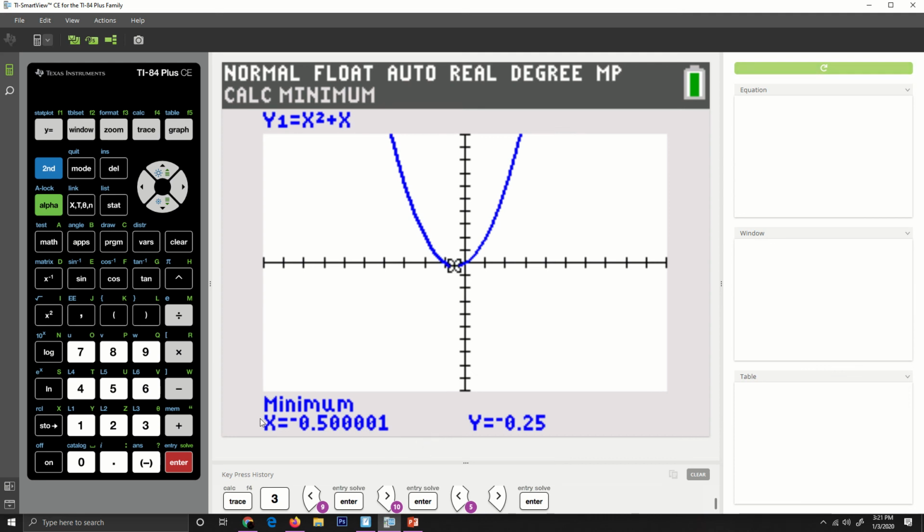Now, what finding the maximum and minimum does is it finds the points where the function changes from increasing to decreasing, or in this case, decreasing to increasing. So from negative infinity up until this point right here, that function is decreasing. And then from that point on, the function is increasing.